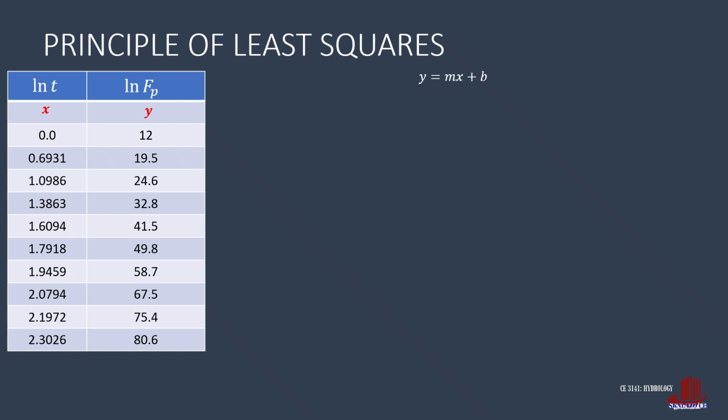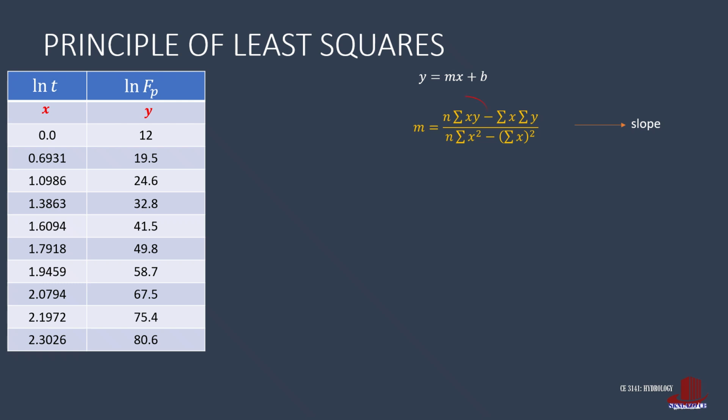This is the simplest method, as there is a readily available equation for slope, which is n times the summation of xy less the product of the summations of x and y, all upon the number of entries n, times the summation of the square of x minus the square of the summation of x.